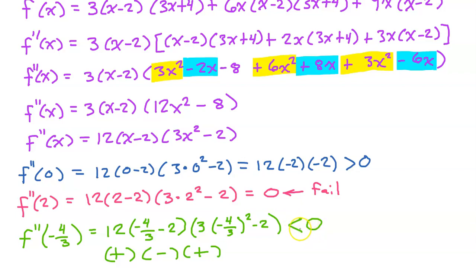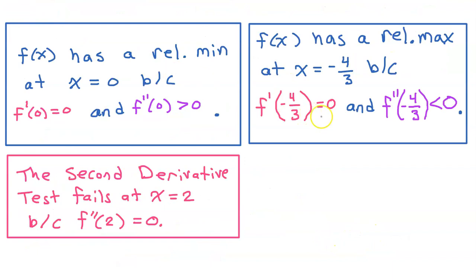So remember, because the second derivative is negative, that really means that the function is concave down in this area, which means that a horizontal tangent line will be at a relative maximum. Let's write it up. One more time, remember that the second derivative test requires two parts in the justification.